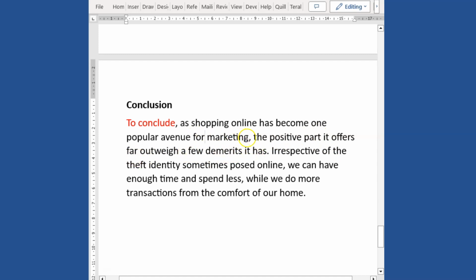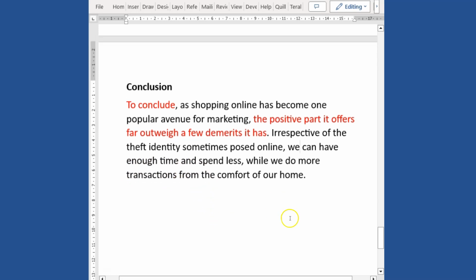So you can see I'm still talking about the question and also where my opinion is. So to conclude, as shopping online has become one more popular avenue for marketing, the positive part of it outweighs the few demerits it has. Irrespective of the identity theft sometimes posed online, we can have enough time and spend less while we do more transactions from the comfort of our home.